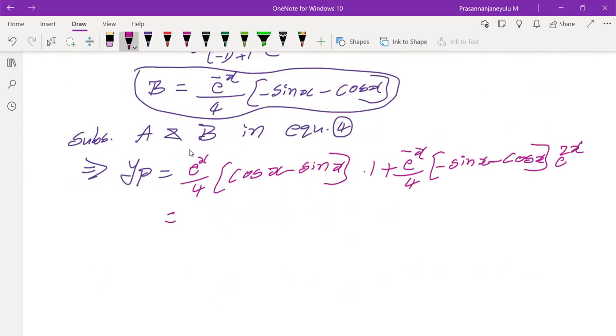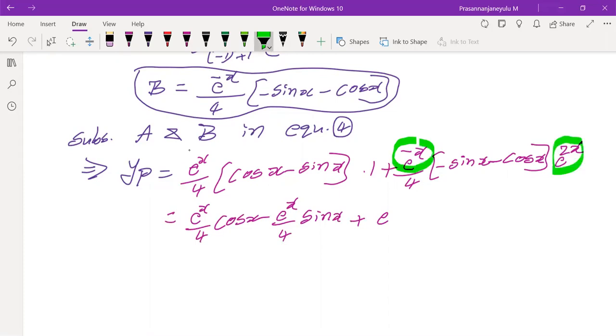I'm taking e power x by 4 into cos x, and also separating e power x by 4 into sin x, plus e power minus x into e power 2x, which becomes e power x only. So e power minus x into e power 2x becomes e power x. So I can write e power x directly, e power x by 4 into multiplying with minus sin x.